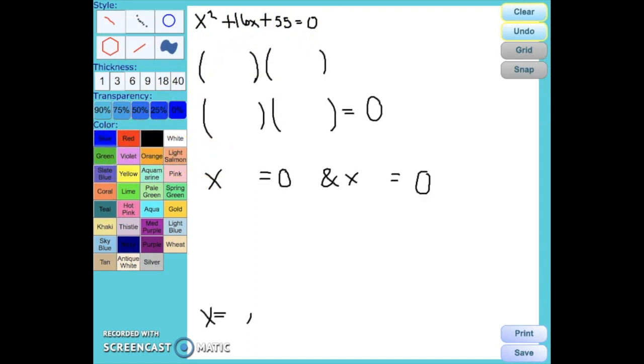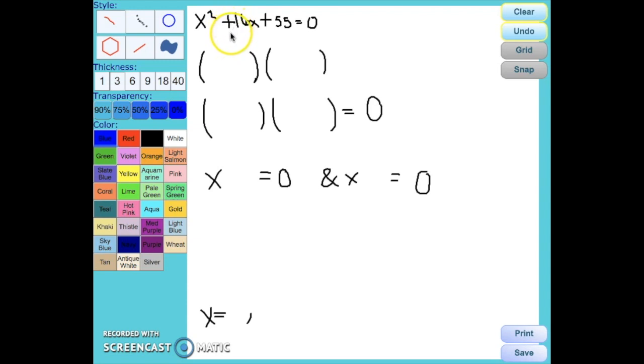x to the second plus 16x plus 55 equals 0. The rule that we use to factor equations like this is: which two numbers add up to 16 and multiply to 55? We're going to ignore the x to the second, because we'll have an x here and an x here, which will make x to the second.